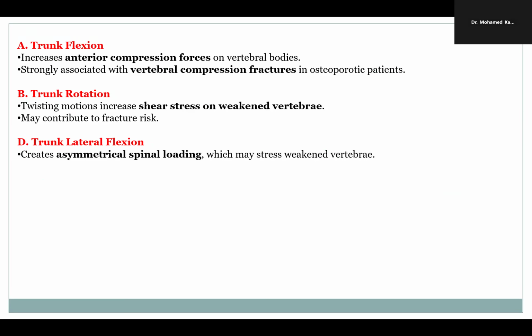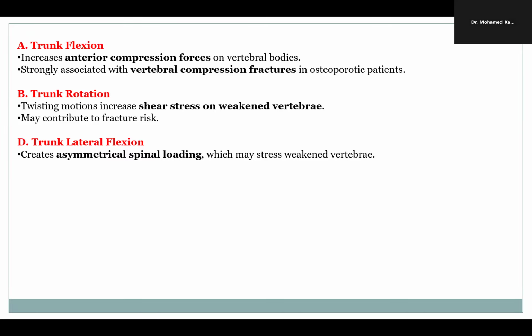Trunk rotation: these twisting motions will increase the shear forces and shear stresses on the weakened vertebrae, which might increase fracture risk. How about trunk lateral flexion? This will create asymmetrical, meaning unequal, spinal loading, which might stress weakened vertebrae on one side.